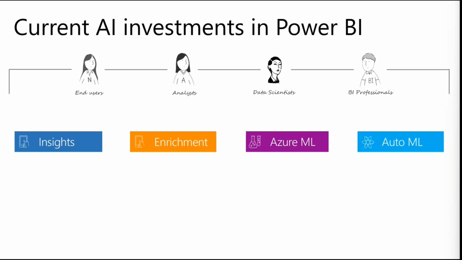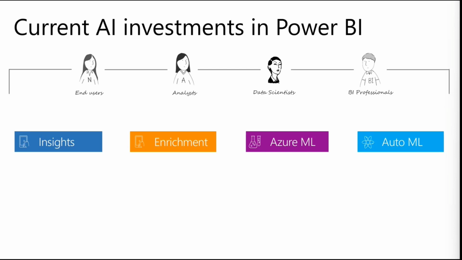Now, some people might say, I don't want pre-trained models by Microsoft, I would like to build my own models. Power BI does offer the functionality to integrate with Azure Machine Learning as well. So if you have data scientists in your organization or you're a data scientist yourself, you could build a machine learning model in Azure Machine Learning, deploy that as a real-time inference endpoint, and then Power BI will be able to speak to that endpoint and score your data.